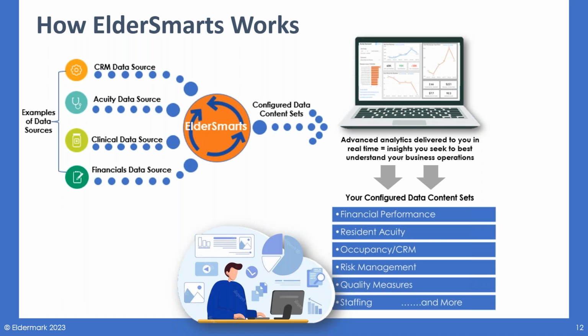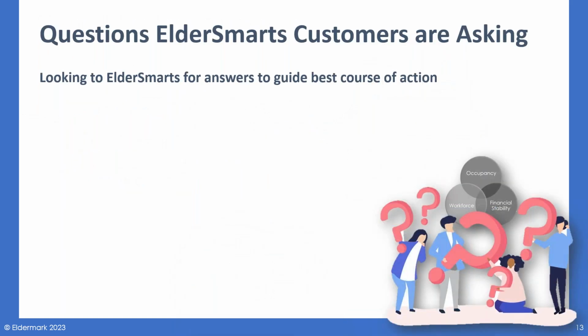CRM related data points, such around occupancy and occupancy trends. Risk management is a big one, as well as quality measures. And more so now to staffing, of course. And there are others. These are the ones that seem to dominate the requests around data analytics.